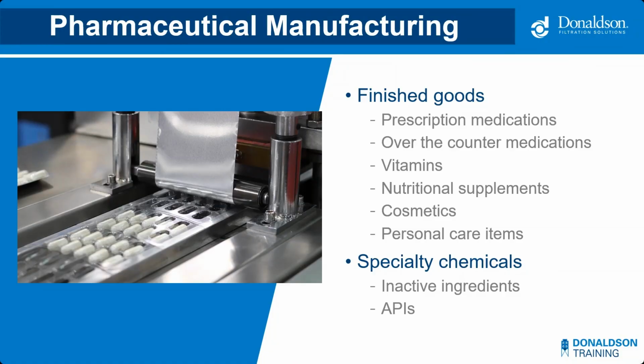When we talk about specialty chemicals, those are products that consist of either an excipient, which is just a fancy way of saying an inactive ingredient, things like flavors, colors, and binders, or biological compounds known as active pharmaceutical ingredients or APIs.